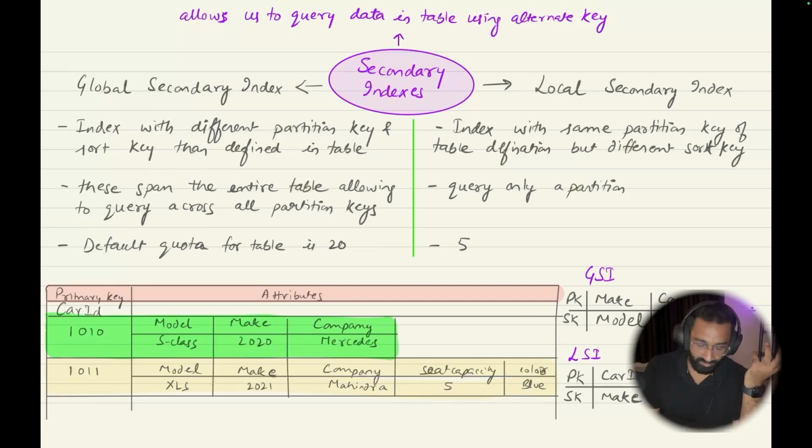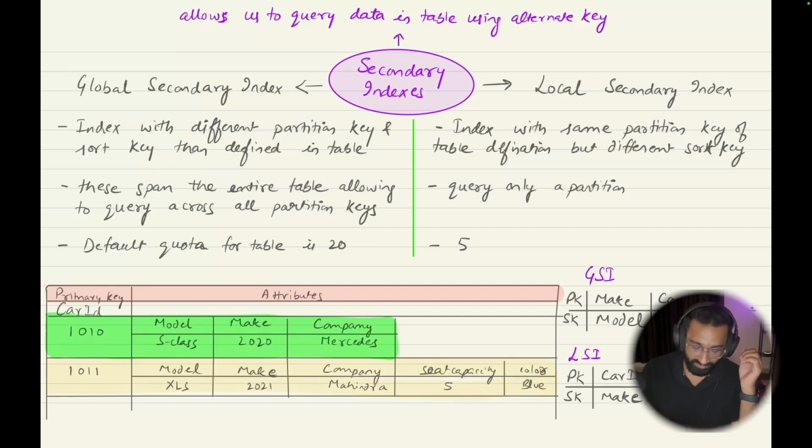So these indexes span the entire table, allowing a query across all the partition keys, because it has a group of data that was not primarily structured when you defined the table. Global secondary indexes help you query tables on different keys, which were just attributes for you. For example, the model and the make in this scenario were just attributes.